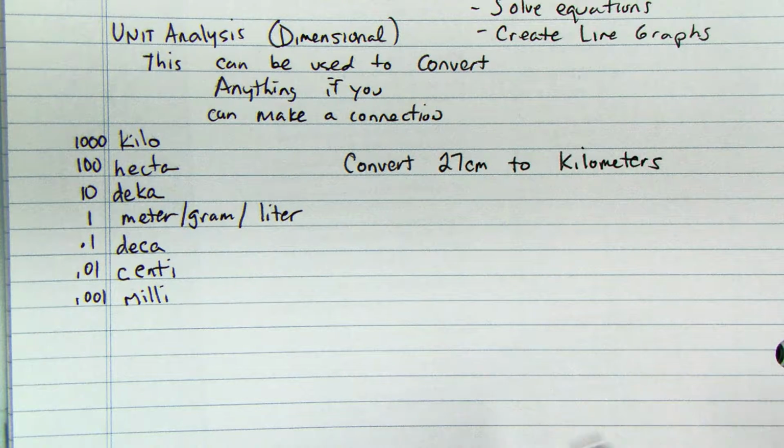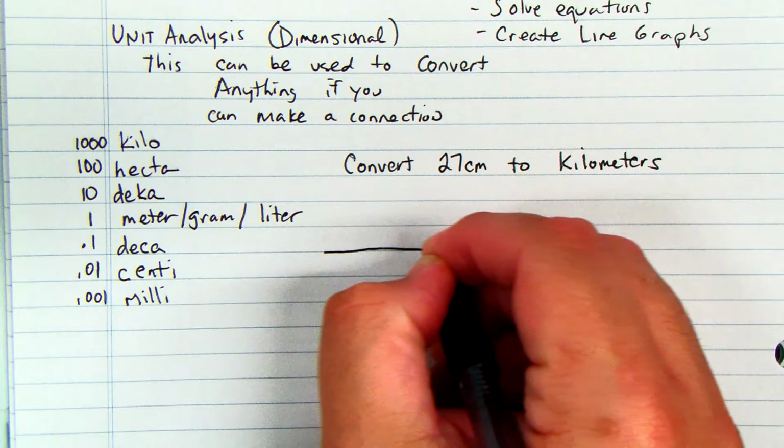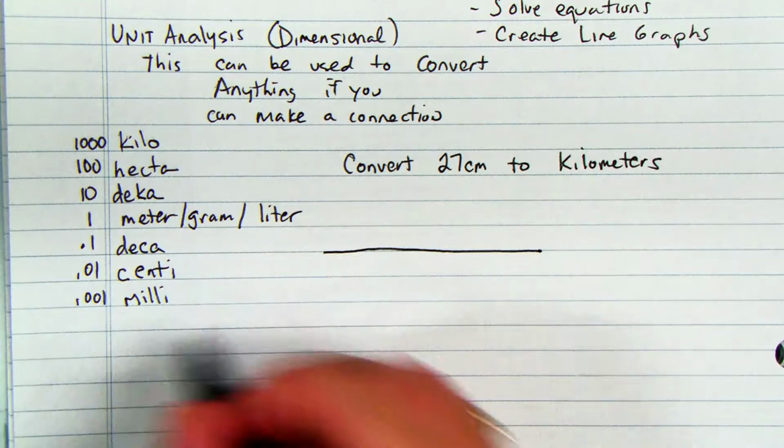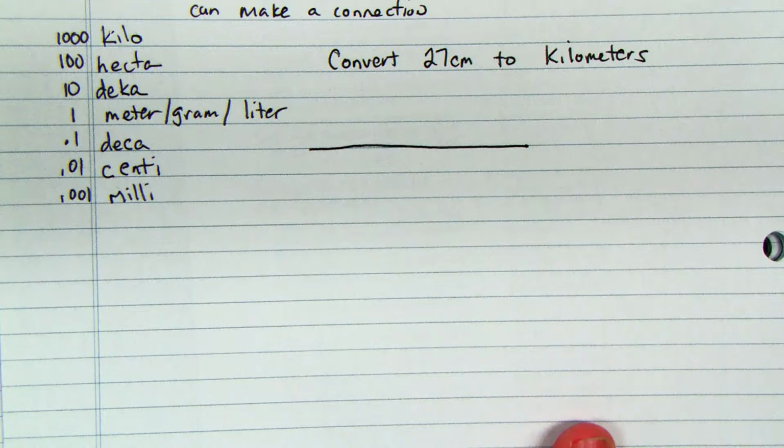Both of those. Now, with unit analysis, you want to set up what I call the train tracks. And you're going to draw a horizontal line. Let me move this up a little bit so we have a little bit of space here.